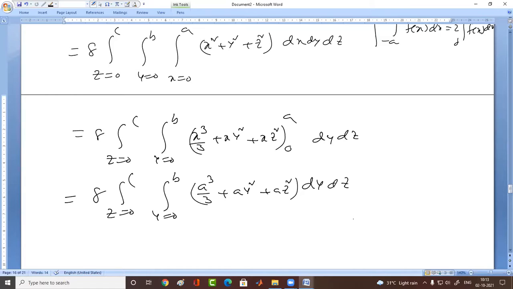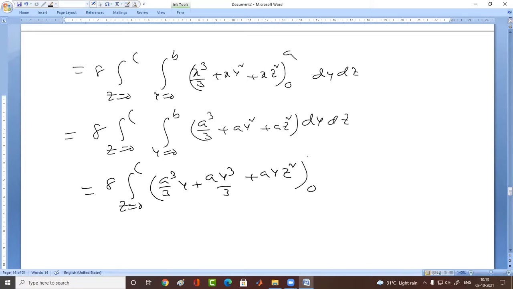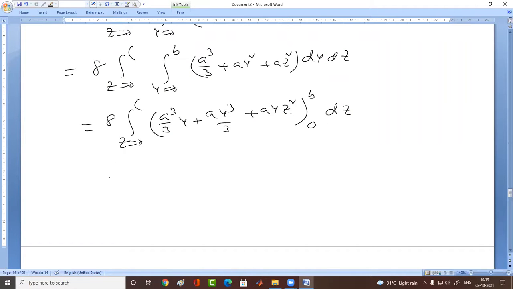Now integrate with respect to y, then with respect to z. Very simple. Z is 0 to c. Integrating with respect to y: a cubed by 3 y plus ay cubed by 3 plus ayz square, 0 to b, dz.